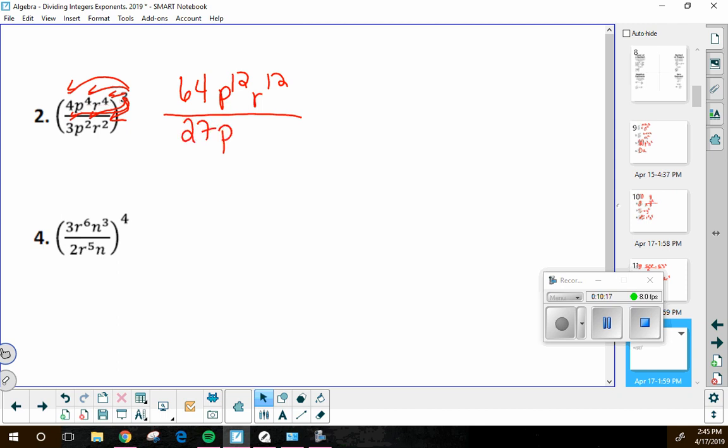Then p to the 6th, and then r to the 6th. And then we have to ask ourselves, is there a common factor between 64 and 27 outside of 1? There's actually not. And so now we're just down to 64p to the what? 6th, r to the 6th, and then we need to remember to put our 27 underneath there.